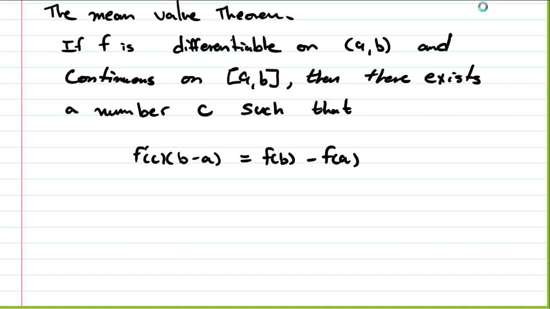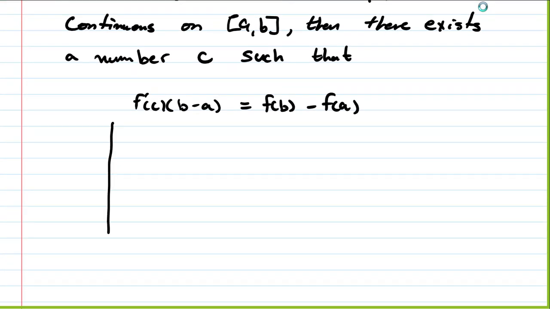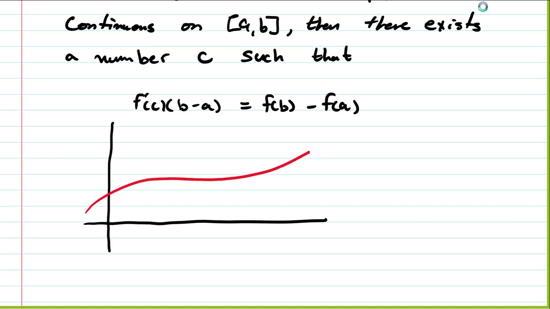And geometrically, what was it that the mean value theorem said? Well, in terms of a picture, imagine we have a curve that looks like this. So here's our curve f.